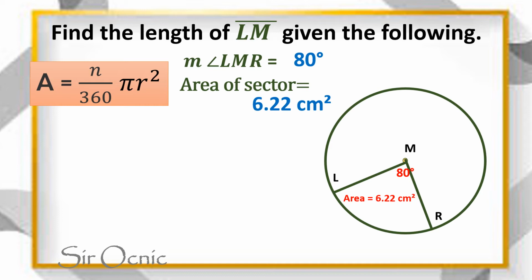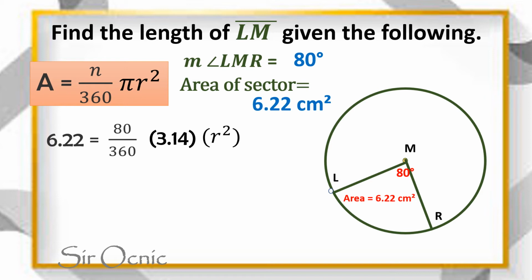Substituting these values to the formula for the area of the sector, you will arrive at 6.22 is equal to 80 over 360 times the value of pi, which is 3.14, times the square of r.